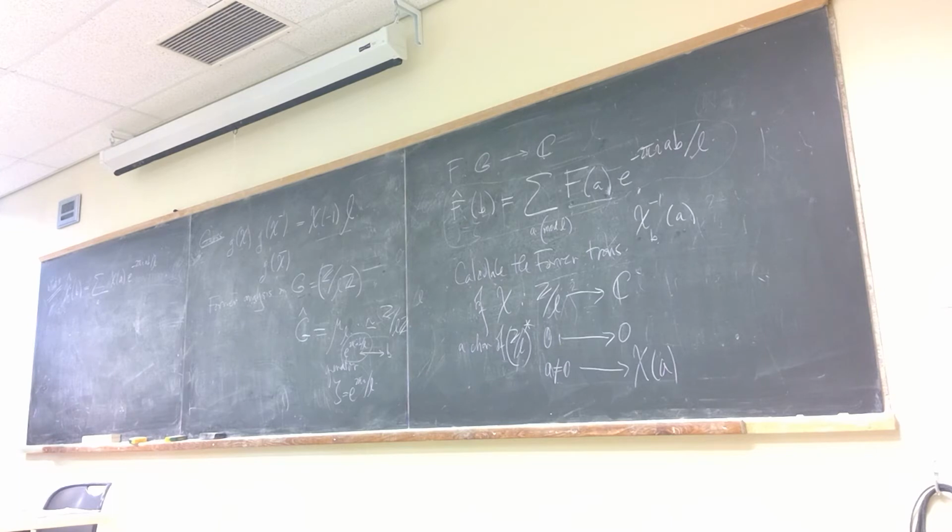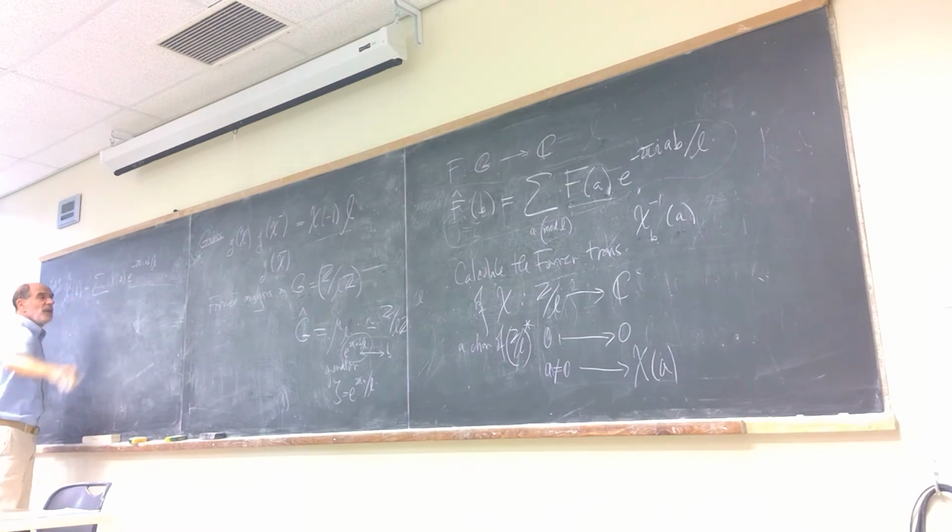Now let's do the case when B is equal to 0. If B is equal to 0, all of these exponentials are 1, right? So it's just the sum over A of the character values. The value at A equals 0 is 0.